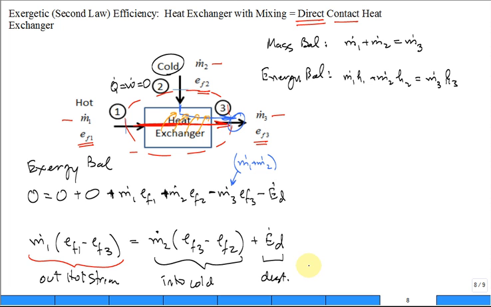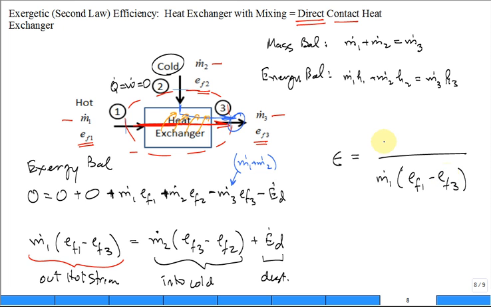Now, can you give me a good exergetic efficiency for this direct contact heat exchanger? What do we really want? And what do we have to pay for? What drives the thing? What is the expense? The expense is coming out of the hot stream, true?